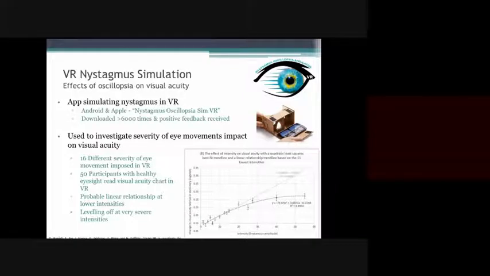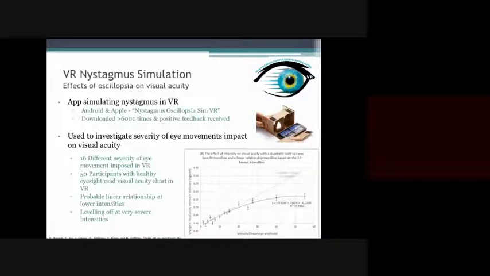And the graph on the right shows, first of all, a linear faint line, and that's our theoretical model, a very simple theoretical model of what we would expect to happen as you increase severity of oscillopsia on the x-axis, and on the y-axis we have visual acuity. The higher the number, the worse the visual acuity. So as you increase the intensity of oscillopsia, the visual acuity decreases.